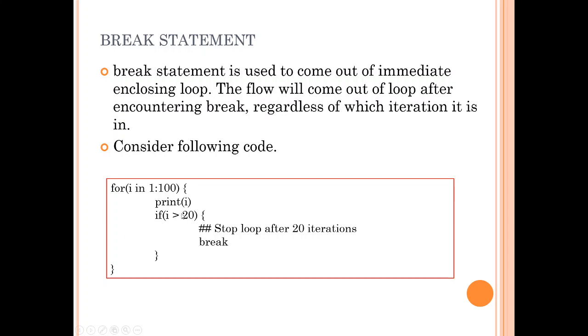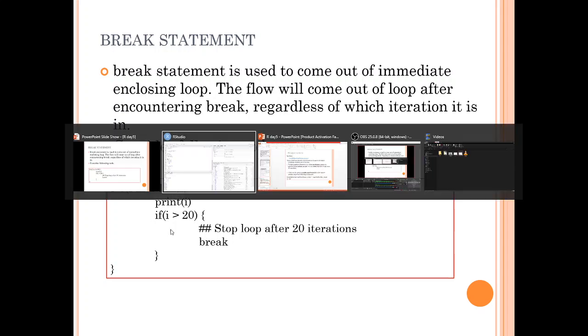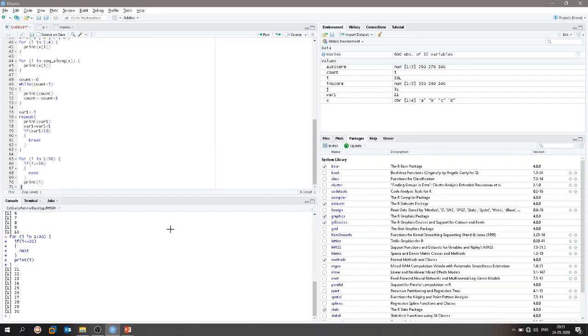So even if we are not talking about all the values greater than 20, but even if we would have given here I equal to 20, only for 20 we want to break, it could still have taken us out of the for loop, and we will not be in a position to print all the other values. So if I run this in RStudio, it will be more clear.